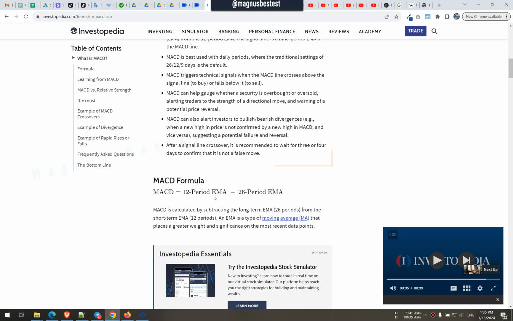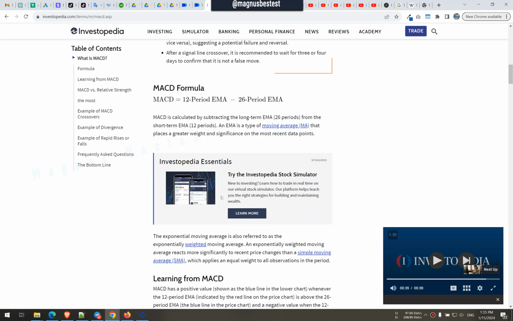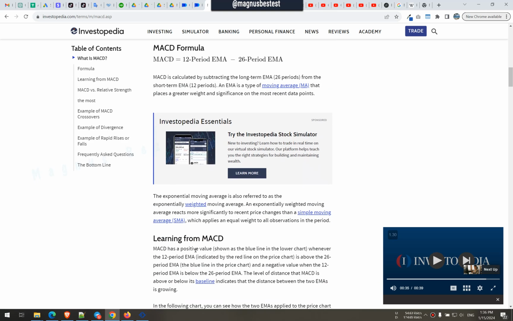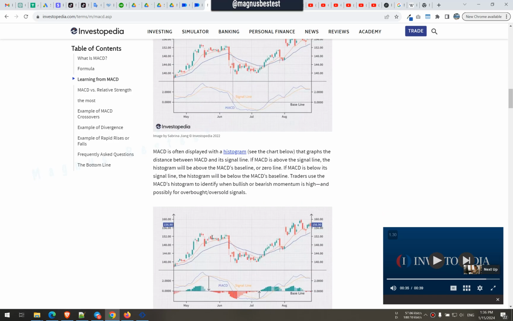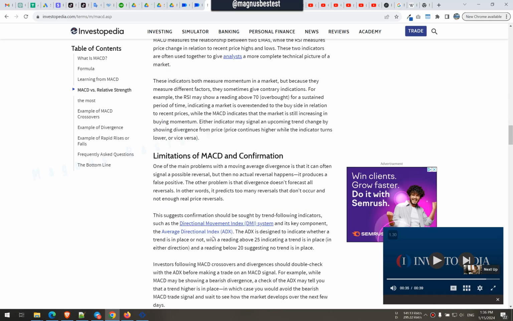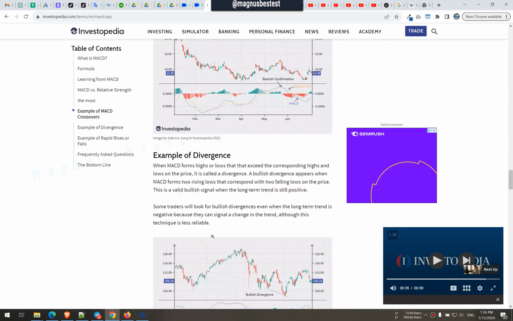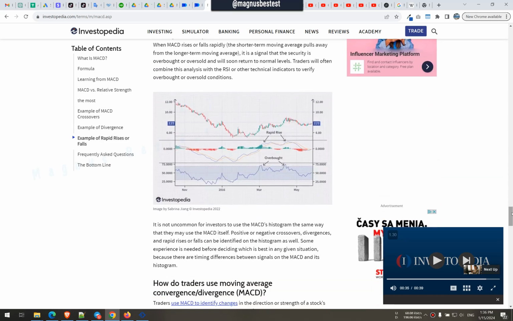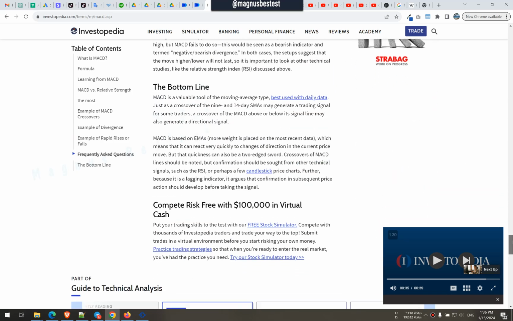But as you already know, it's not like 12 minus 26, which would be minus 14. We are talking about the distance of those at the point of the EMA, as I explained at the beginning. But what I wanted to show you is how they say we can measure the trend.